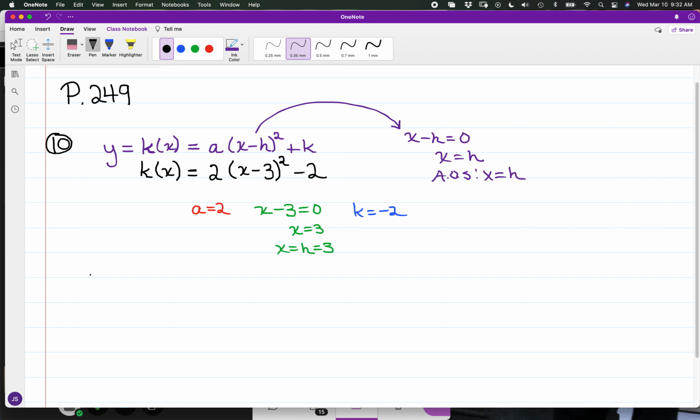And just for the defining characteristics, first of all, in terms of the direction that the graph is going to open, we have that a is equal to 2. Since 2 is a positive number, the fact that a is positive signals that the graph is going to open upward from the vertex.